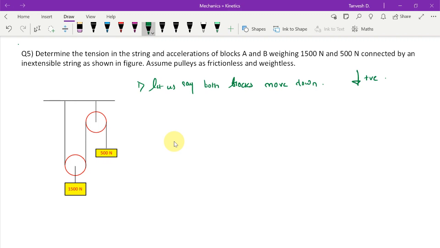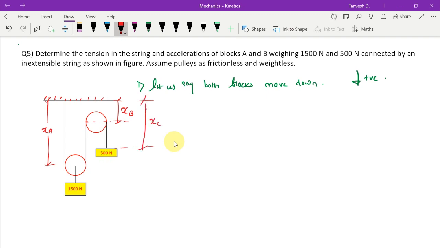Next thing what we'll do is, with respect to this fixed line, we can say that from this point to this point of the string, let us say that this is XA. Then from the fixed point to this line, let us say it is XB, and from the fixed line to this line, it is XC.